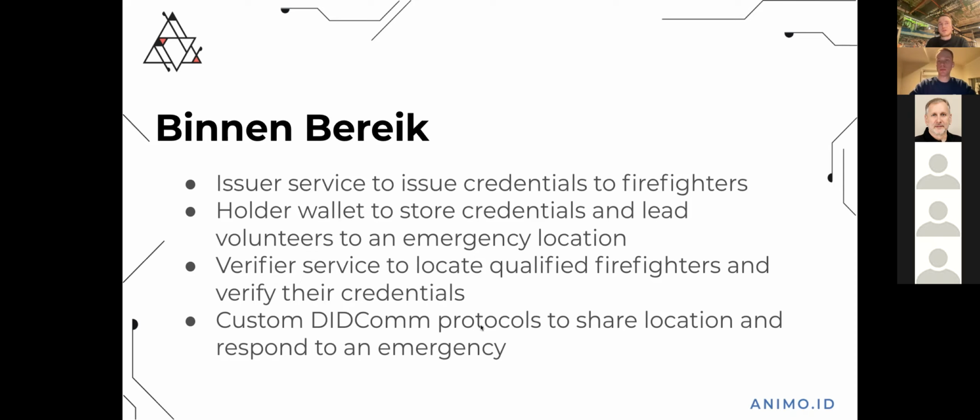But what we looked at here is how can we store the qualifications as a credential on the mobile phone, so that when an emergency arises, we look close to an emergency and see who in here is qualified to help. And if I'm qualified and I'm nearby, I can respond to an emergency, show a proof of my credential, and then I could be sent to an emergency.